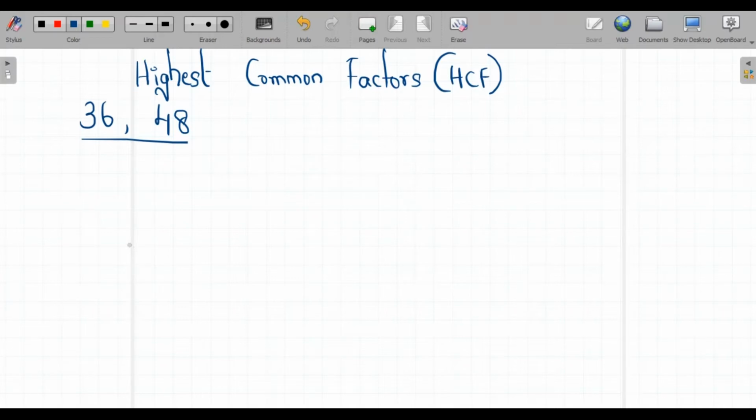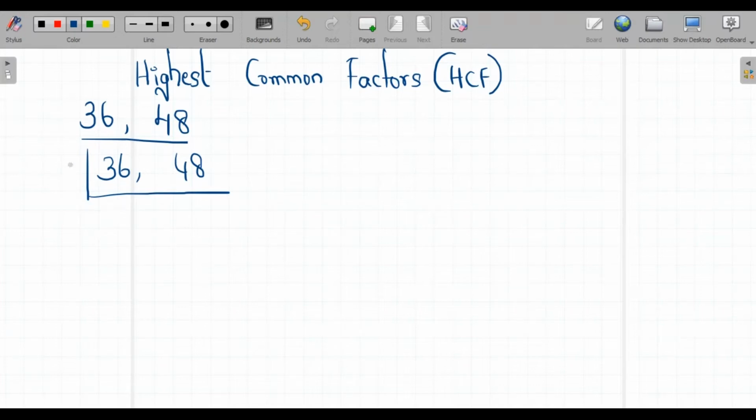If I start writing all the factors for 36 or 48, as the number becomes bigger, there is a possibility that we will miss some of those factors and may get a wrong answer because of that. So, the next method is to use these numbers and divide them. You take these two numbers 36 and 48, start dividing them by common factors and then you will end up finding the biggest common factor.